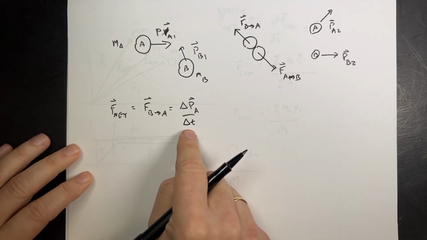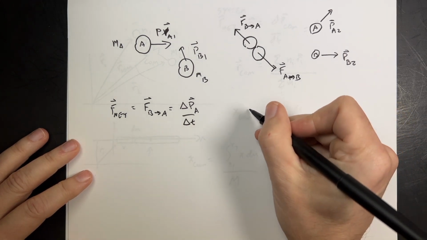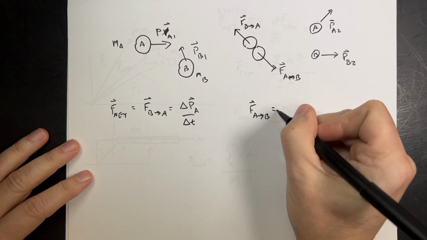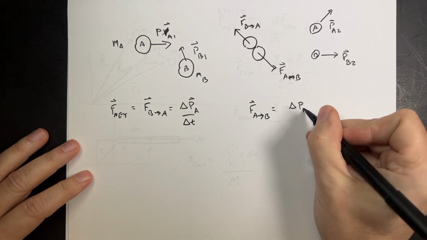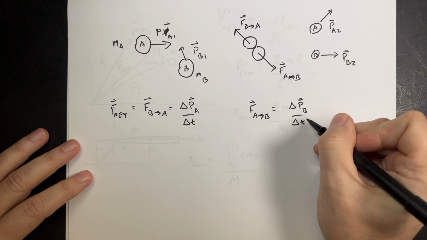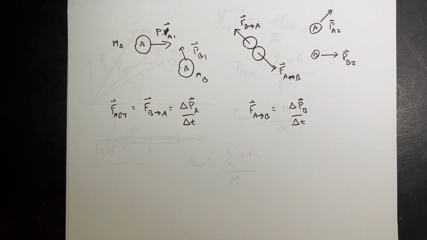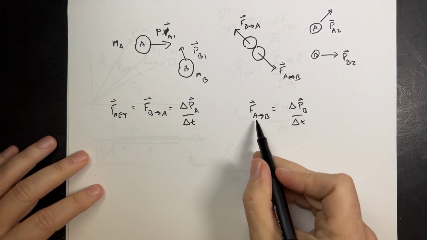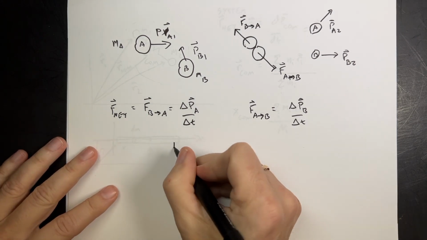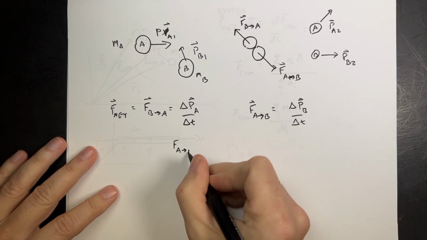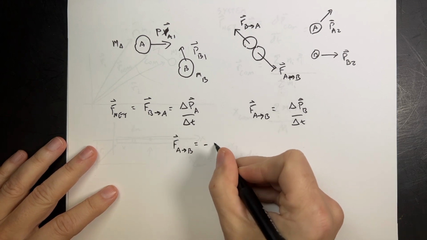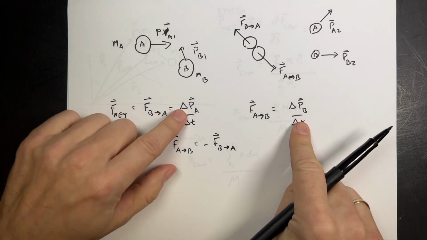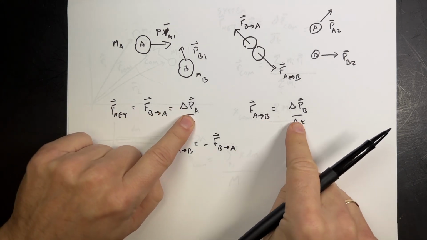Now I can do the same thing for B. I would just say F A on B is delta P B over delta T. Now, because F A on B is the opposite of this, F A on B is equal to negative F B on A, because of Newton's third law, these two have to be opposite of each other.